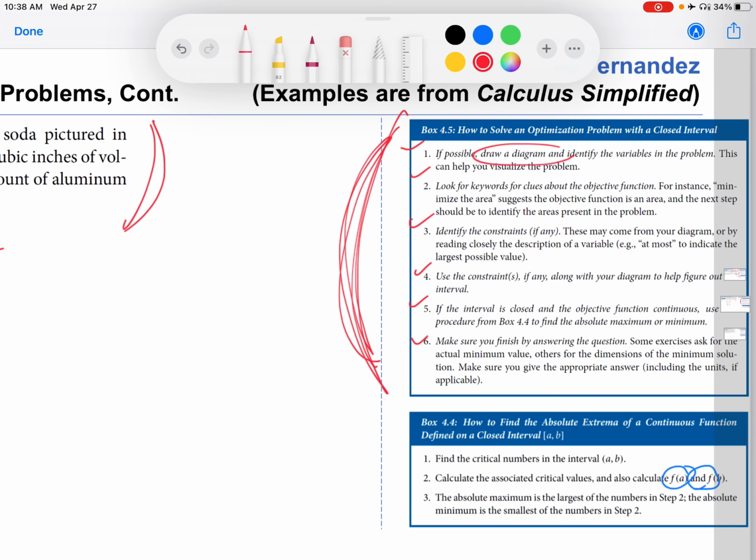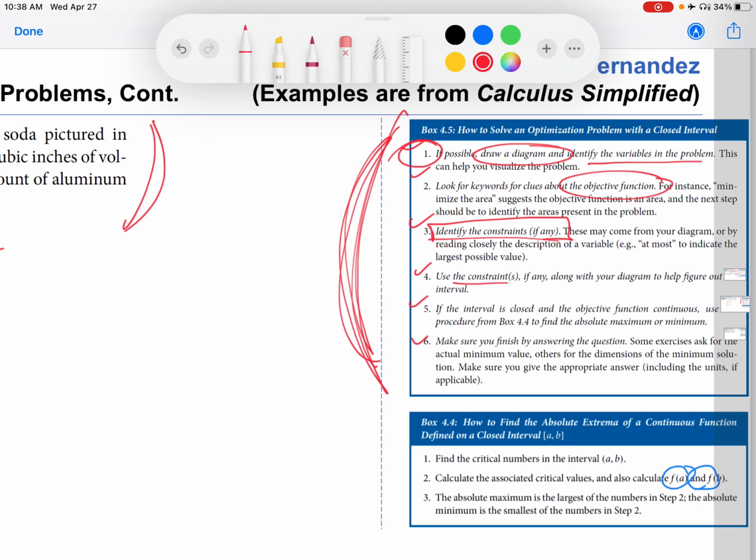But it is always useful to draw a diagram and identify your variables. If you have to determine your own objective function, that first step will help a lot. And then you might end up with a function that has more than one variable, like we did in this example. That's where you want to go back and look for a constraint. It must contain this much volume, right? It must happen in this much time, right?